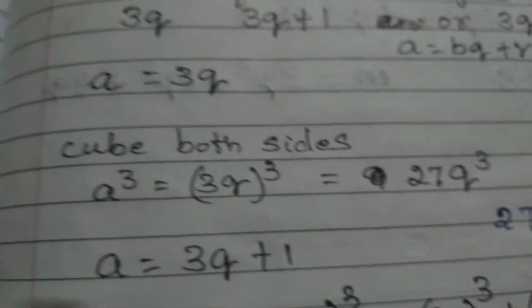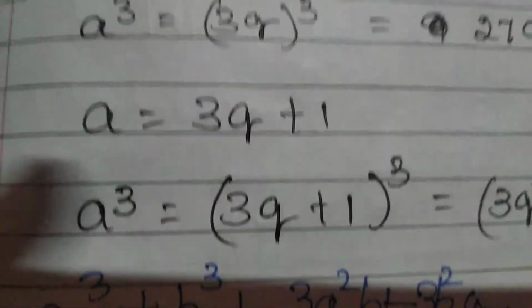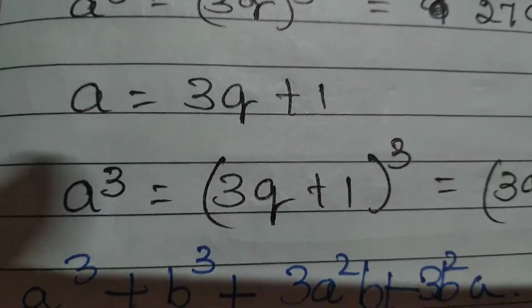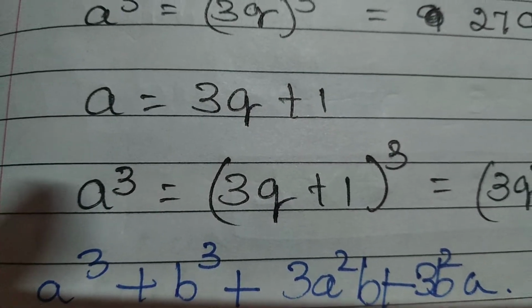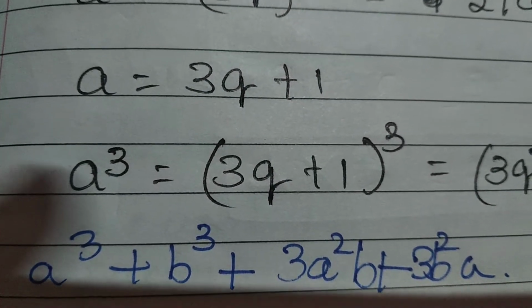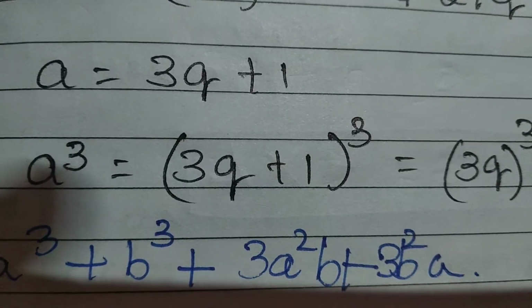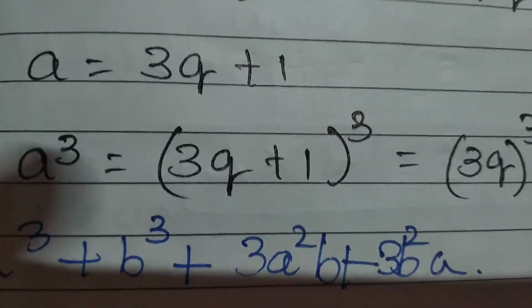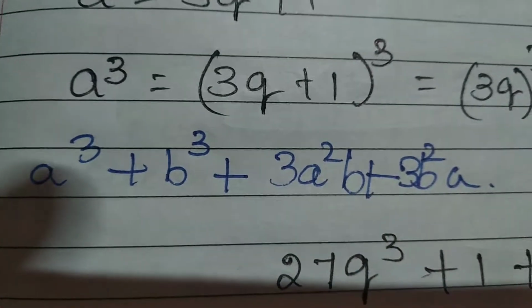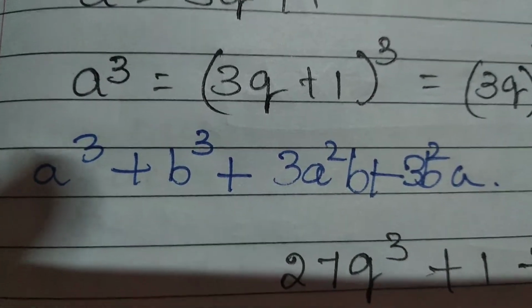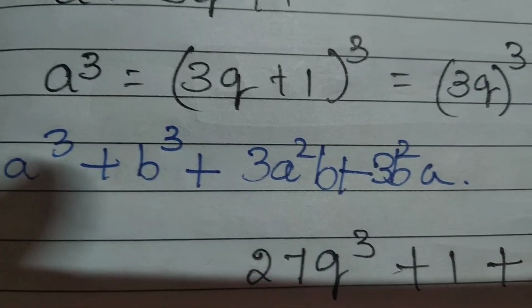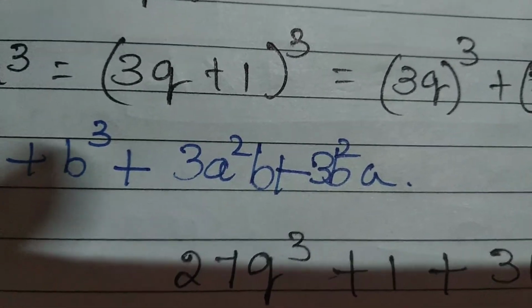So this is in the form of 9m. Okay, so we'll go to the next condition. a is equal to 3q plus 1. a cube is equal to 3q plus 1 whole cube. See, this is of the form of a plus b whole cube. You know the formula of a plus b whole cube? a cube plus b cube plus 3a square b plus 3b square a.